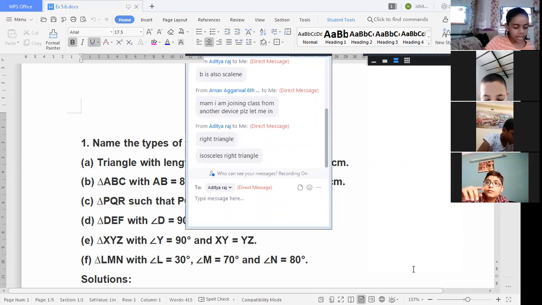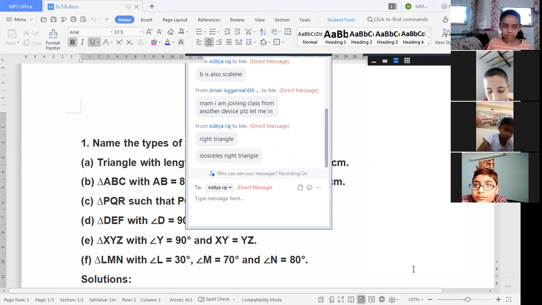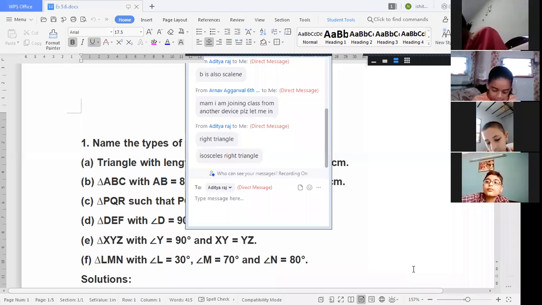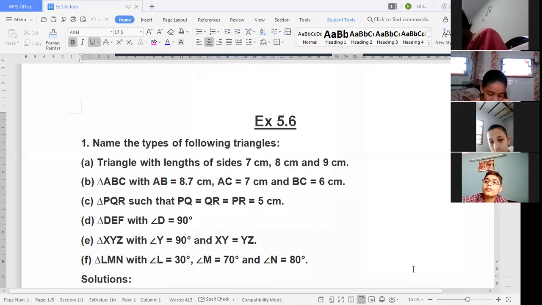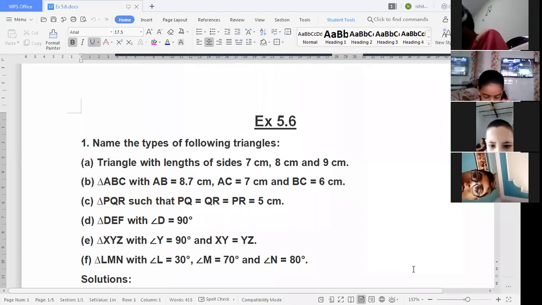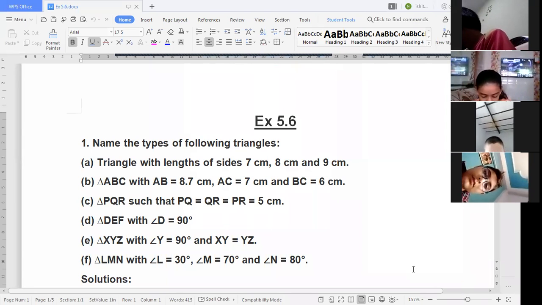E, F part. Read it out. Yes, ma'am. You can't see my screen. Triangle LMN with measure of angle L equal to 30 degree.